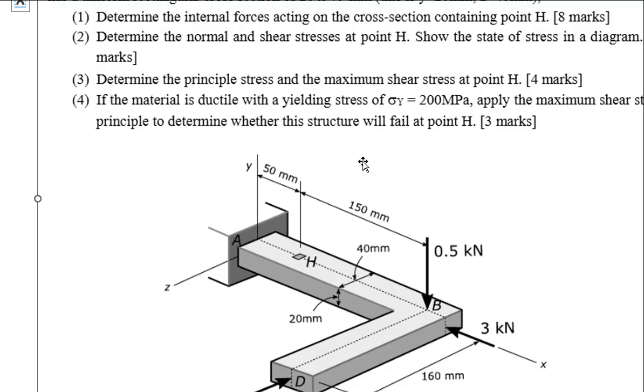So the first stage is you have to solve this problem statically to find out the internal forces at H. Like usual, you make a free body diagram, a section at point H, and once you find the forces transferred to this point, stresses, normal and shear, are calculated and then combined together before you can use the maximum shear stress principle to make a judgment.